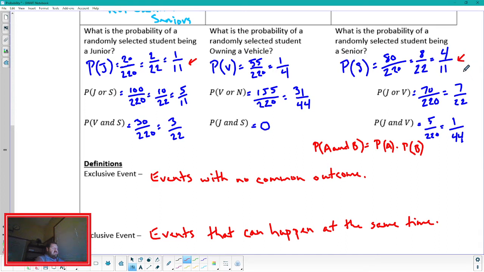And it comes from adding those two together. And these are called exclusive events because they don't have a common outcome. Juniors and seniors have no overlap. And so the probability of exclusive events, if we have A or B, is just equal to the sum of those probabilities.